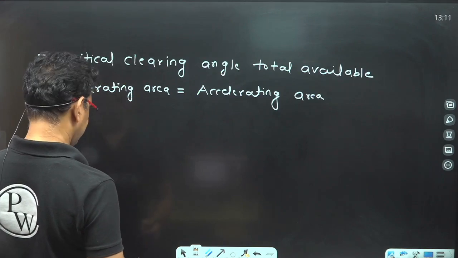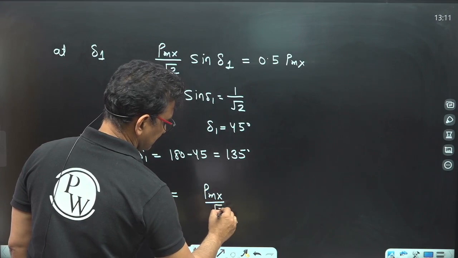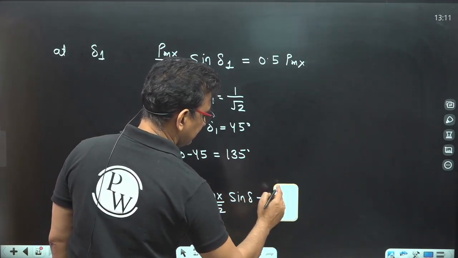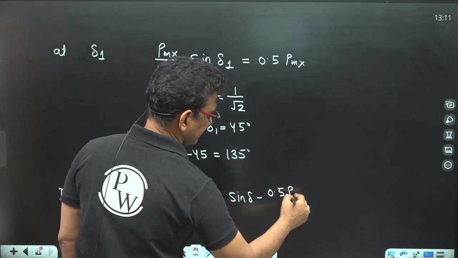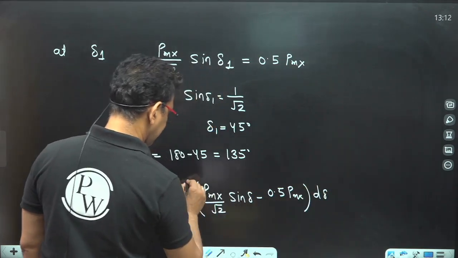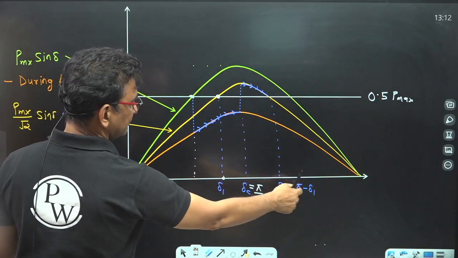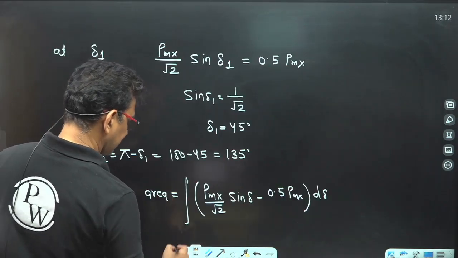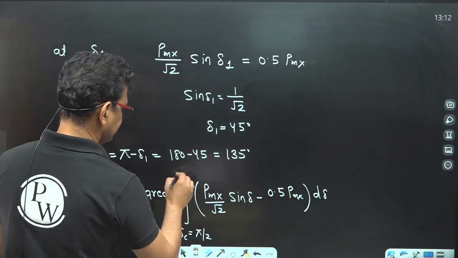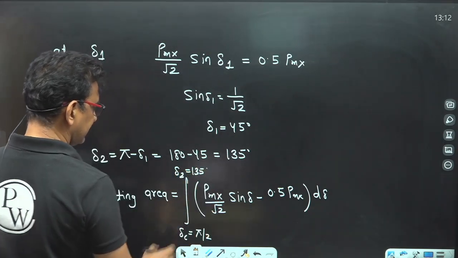So the difference, Pmax by root 2 sine delta minus 0.5 Pmax, d delta, and take the integration from delta C to delta 2. Delta C is pi by 2 and delta 2 is 135 degrees. Pi by 2 means 90 degrees.